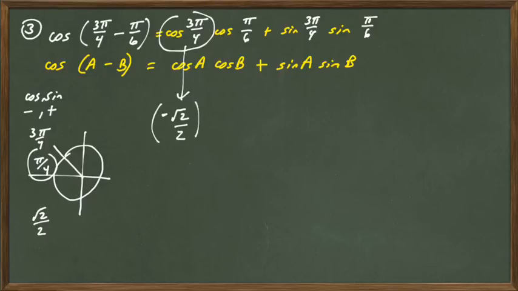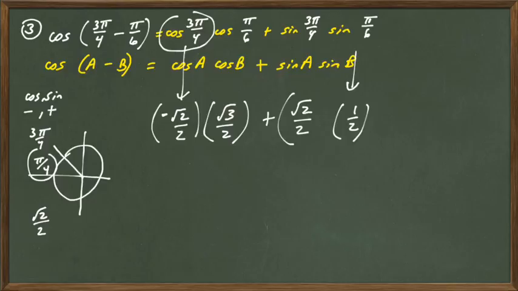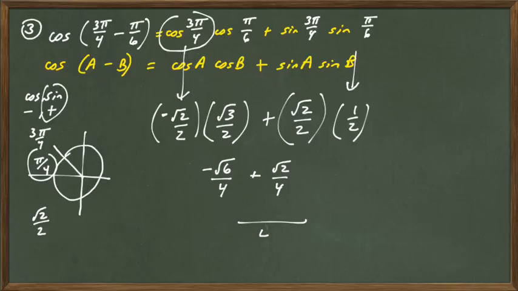Now I have cosine of pi over 6, which I think is radical 3 over 2, because the sine of pi over 6 is 1/2. And this sine would be radical 2 over 2, but in this quadrant the sign is positive. So it appears to be negative radical 6 over 4 plus radical 2 over 4. Writing them as a single fraction, you'd have radical 2 minus radical 6, the whole thing over 4.